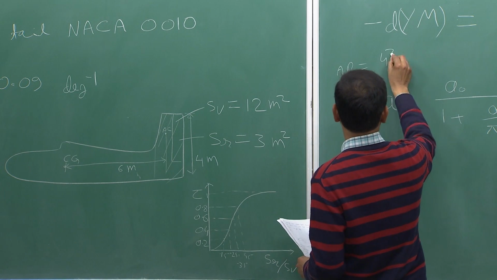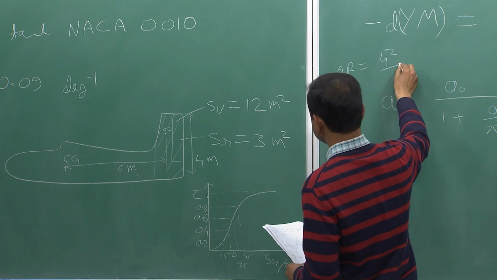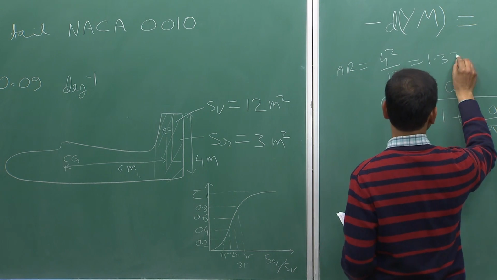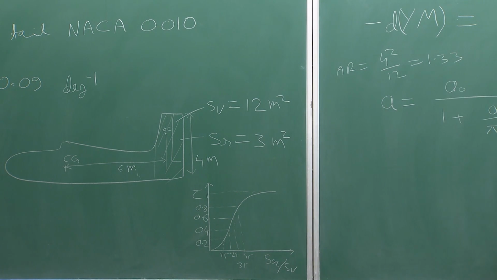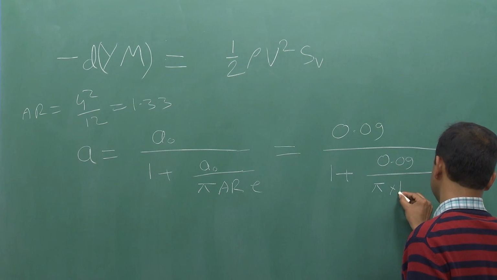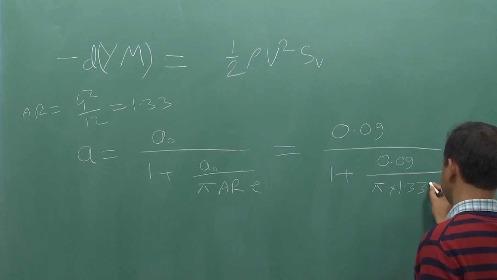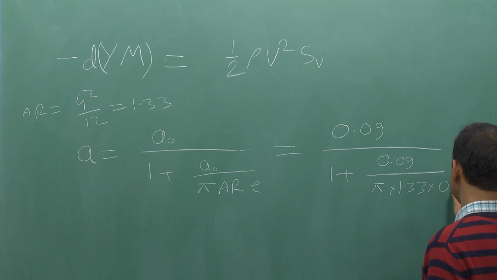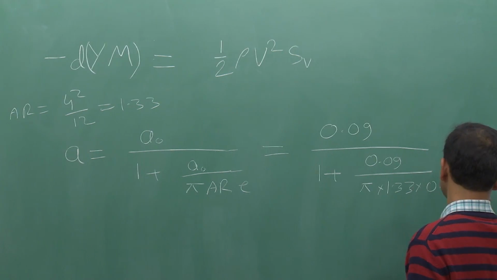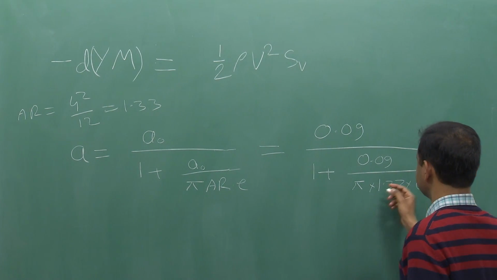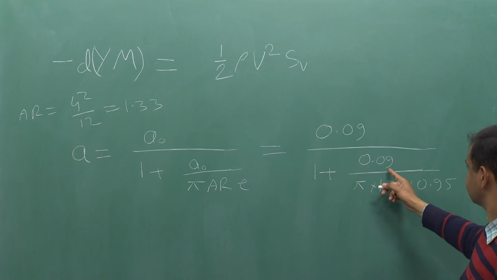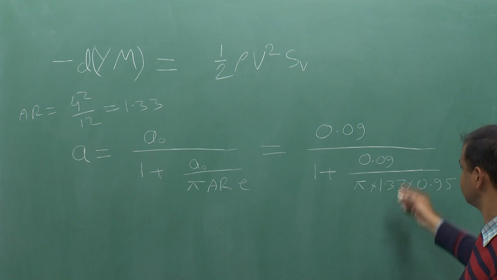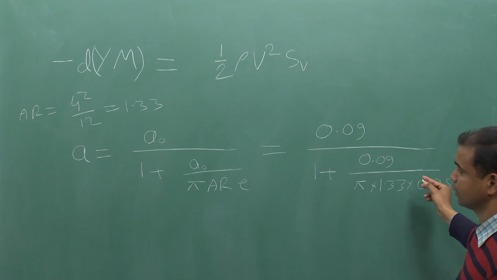So, 4 square by 12, and this will be 1.33, and E is equal to 0.95. And keep in the mind, this we always write in radians, and this is in per degree, we have to write in per radian.